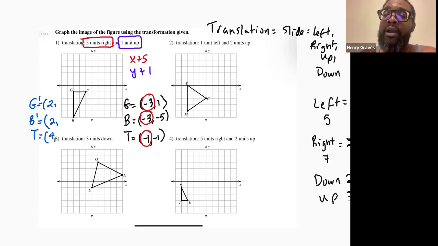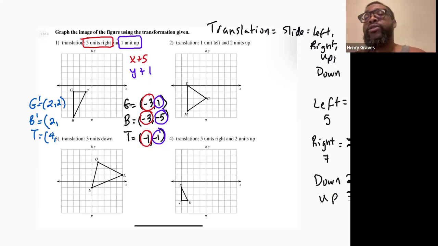So I'm going to circle all my Y numbers in purple so that you guys can follow along how I'm doing it, right? So -1 plus 1 is 0... my new B is going to be -5 plus 1, which is -4. And my new T is -1 plus 1, which is 0.